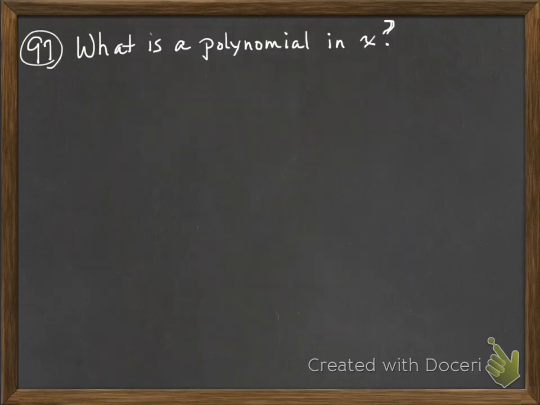What is a polynomial in x? So, for example, you've been dealing with polynomials in x. The last example, the final answer was a polynomial in x, but I'll just make something up. So, 3x squared plus 5x minus 7 is a polynomial in x because the only variable that's in the polynomial is the variable x.